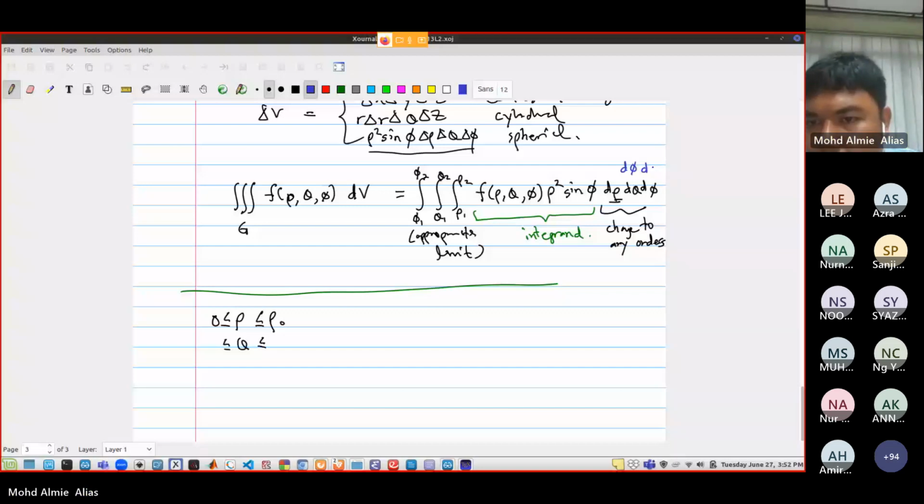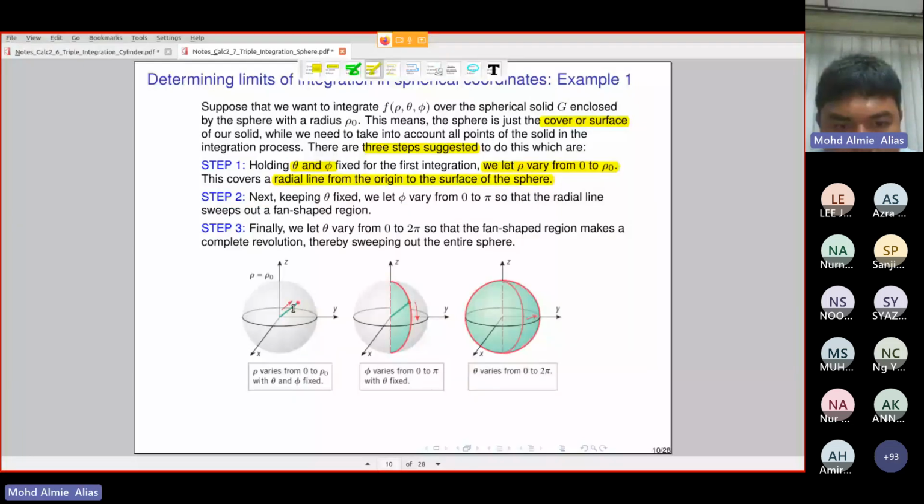So example 1 will be based on this, which means that now we need to decide on phi. Okay, so we have our line here, the radial line originating from the origin. Now we keep theta fixed. I mean, we don't consider theta. We just let phi vary from 0 to pi. Okay, so we get something like this, a fan-shaped region.